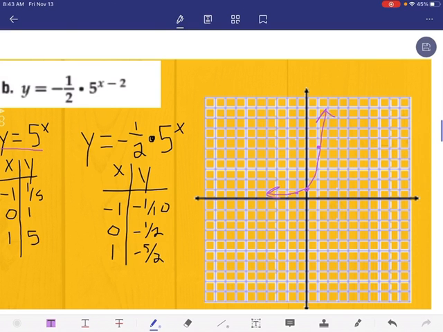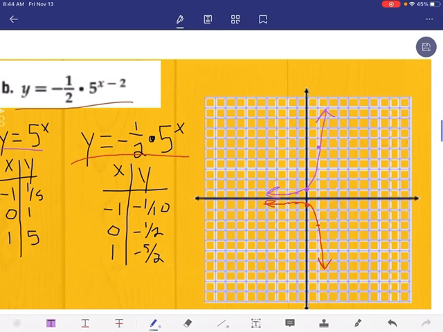So I get -1/10, -1/2, and -5/2. So now, if we were to graph that, notice that our graph has been reflected and it's been compressed by 1/2.